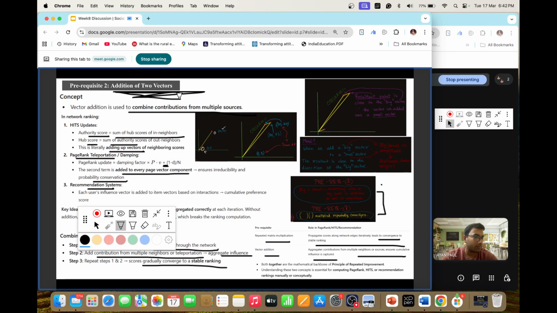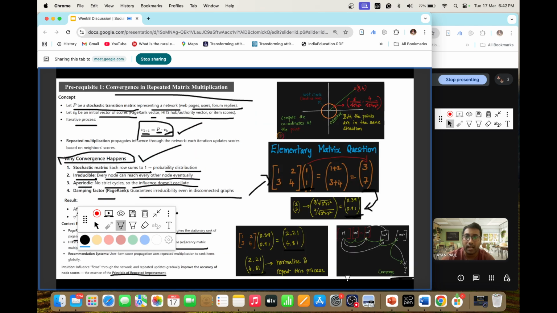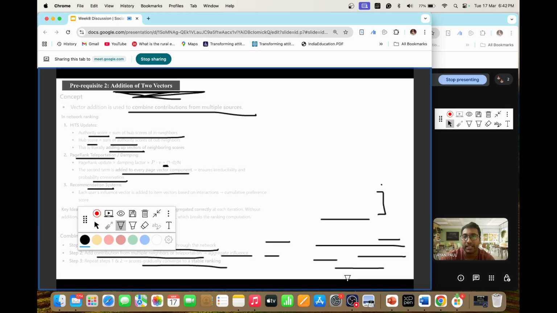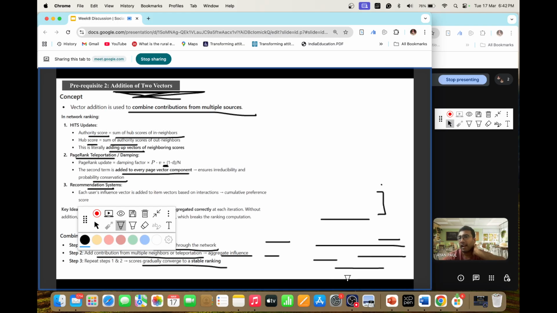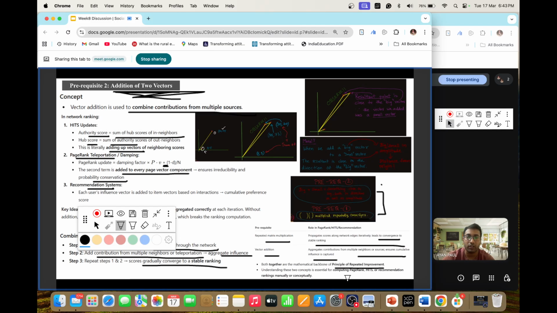That resultant will be closer to the big vector, both in magnitude as well as direction. So both together are the mathematical backbone for the principle of repeated improvement. That is why two prerequisites are given: first is convergence and repeated matrix multiplication, and second is addition of the two vectors.